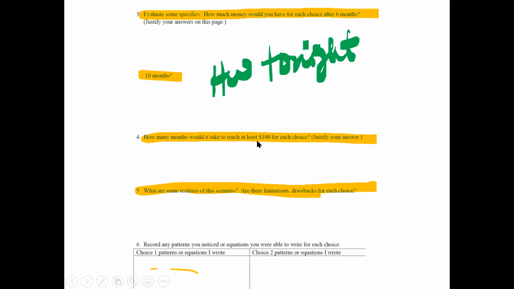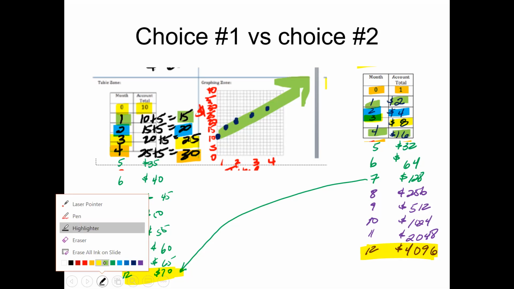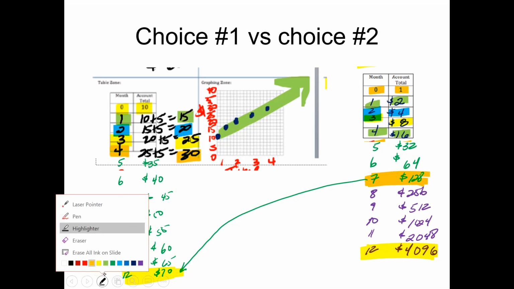How many months would it take to reach at least $100 for each choice? Well, looking at this part right here, to get to $100 with option 2, it takes 7 months.